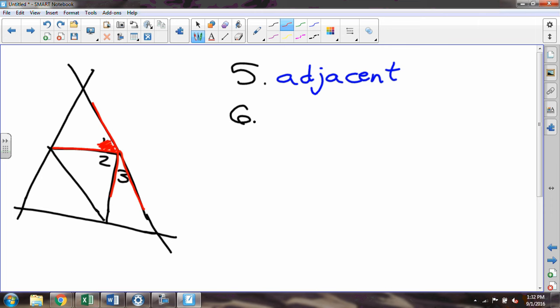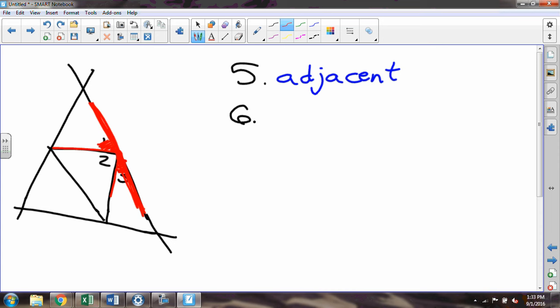Linear. Sometimes students will look at that and see, well, they are making a straight line right here. Because they're making a straight line, a lot of times students will say they're linear. But be careful about that because it's not correct. In order to be a linear pair, they need to be adjacent.